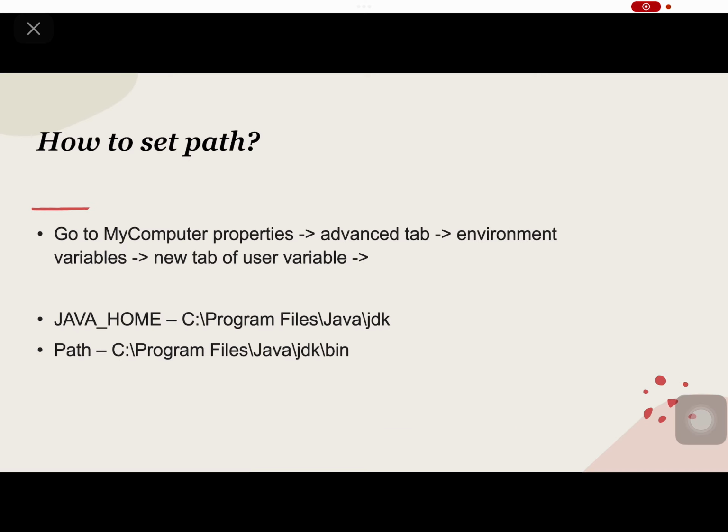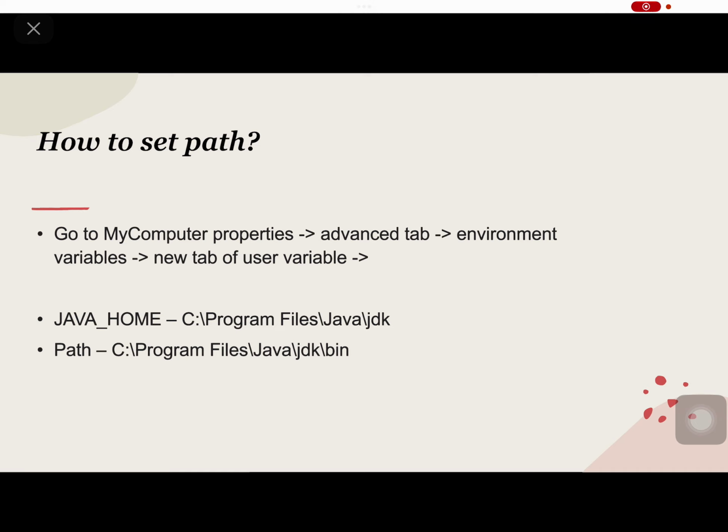How to set up the path? Once we install the setup file from the Oracle website, we go into Program Files, Java, the JDK path, and then to My Computer, Properties, the Advanced tab, and then Environment Variables. We will be adding two variables: one is JAVA_HOME, where we add this path, and the other is the existing variable Path.